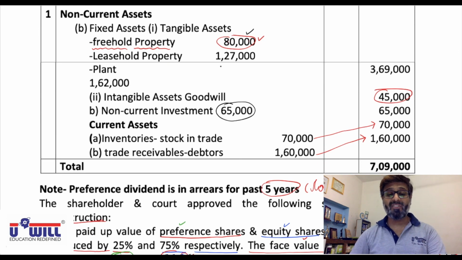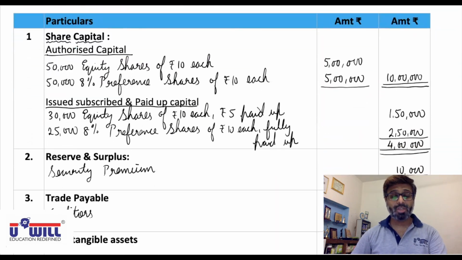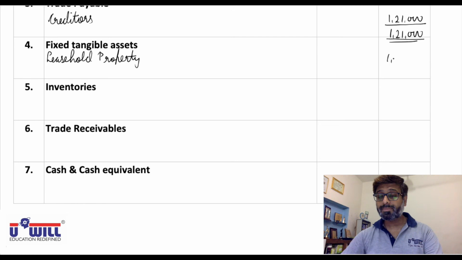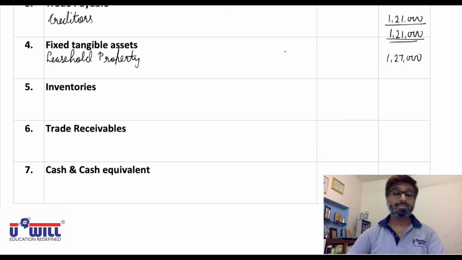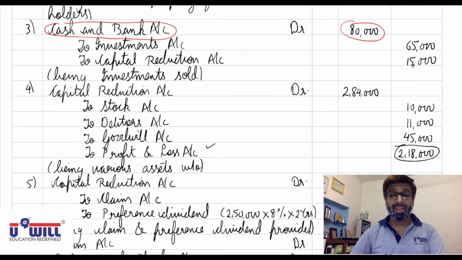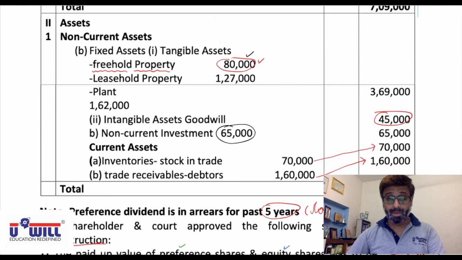Directly leasehold property 1,27,000 as it is. It is not affected in any of the entries. So leasehold property 1,27,000 as it is. Then after leasehold property, okay, I repeat, this freehold property won't come because we have given that to debenture holders, so it is no more there with the company. Leasehold property 1,27,000 it is, and plant 1,62,000 as it is.